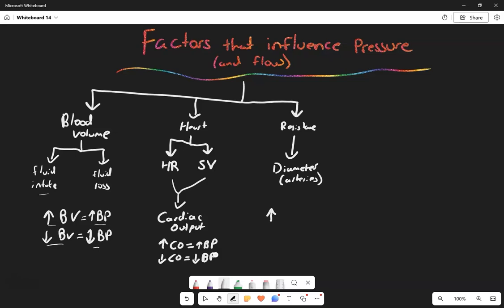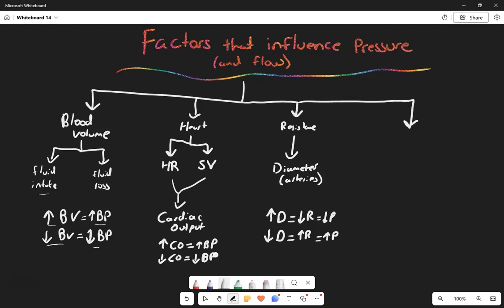So if we increase our diameter, that's going to lead to a decrease in resistance, and that is going to basically be a decrease in pressure. If we decrease our diameter, that's going to be an increase in resistance caused by an increase in pressure.